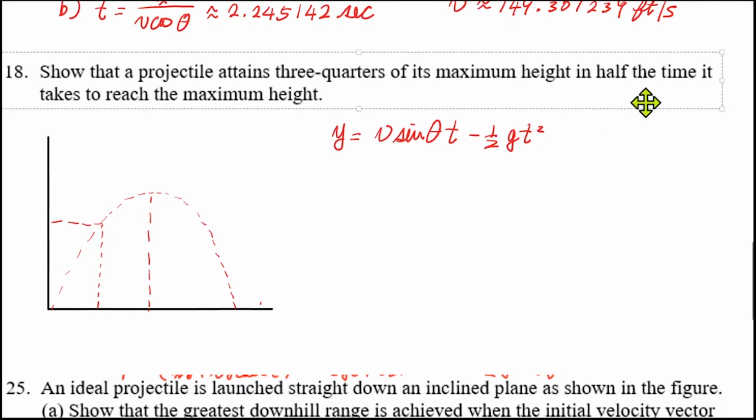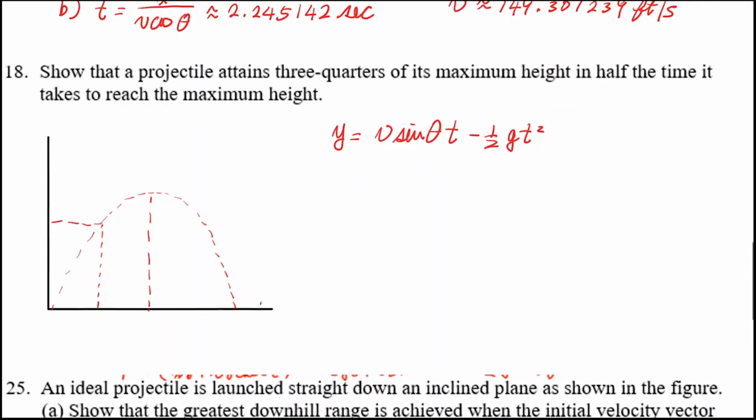So maximum height is when this derivative, let's take a derivative, dy/dt, which is known as velocity in the y component. So we have V sine theta minus g t, right?